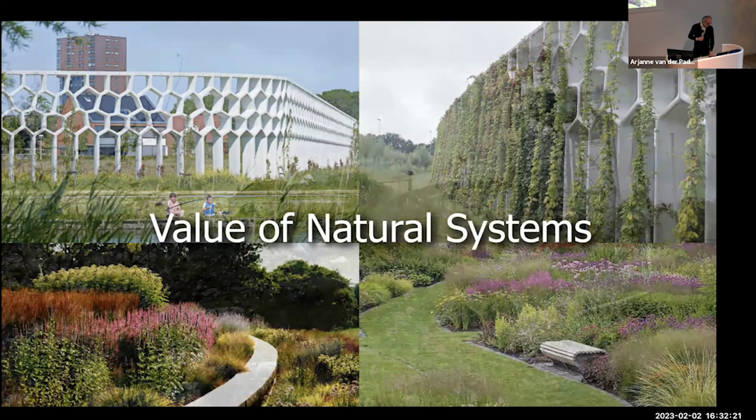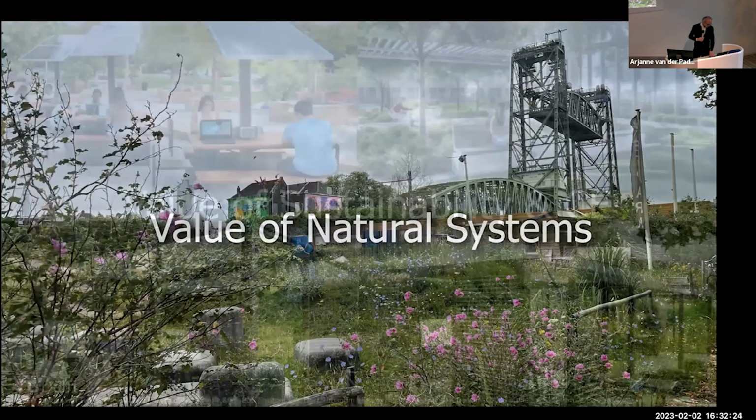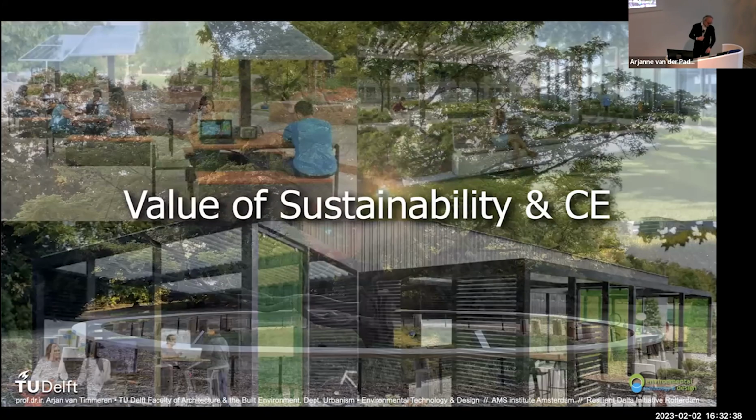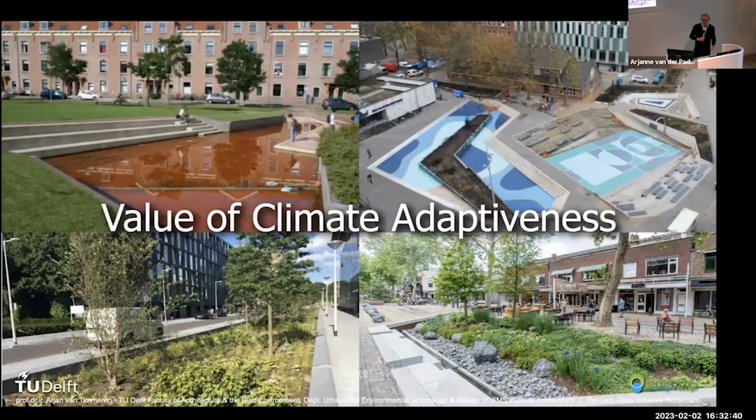It's about, this is an example of what we are realizing now, sustainability and circularity. I did not address that a lot, but I think it's very important that green can be used in an active way toward sustainable goals. And it's about climate adaptiveness, which I showed you as well, a very important goal we should make use of in this kind of combined approach.